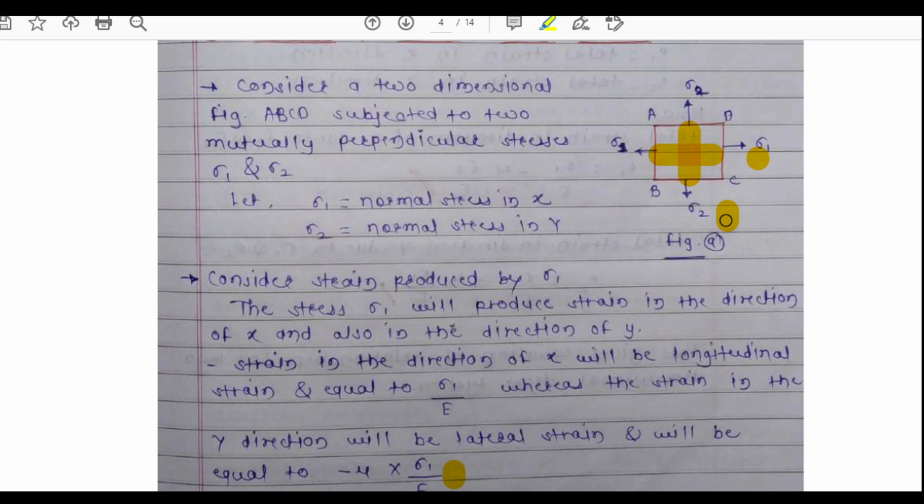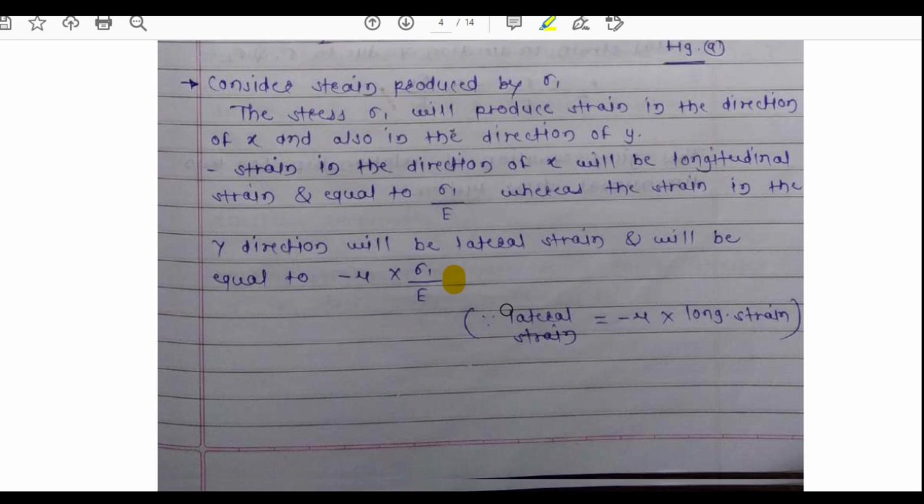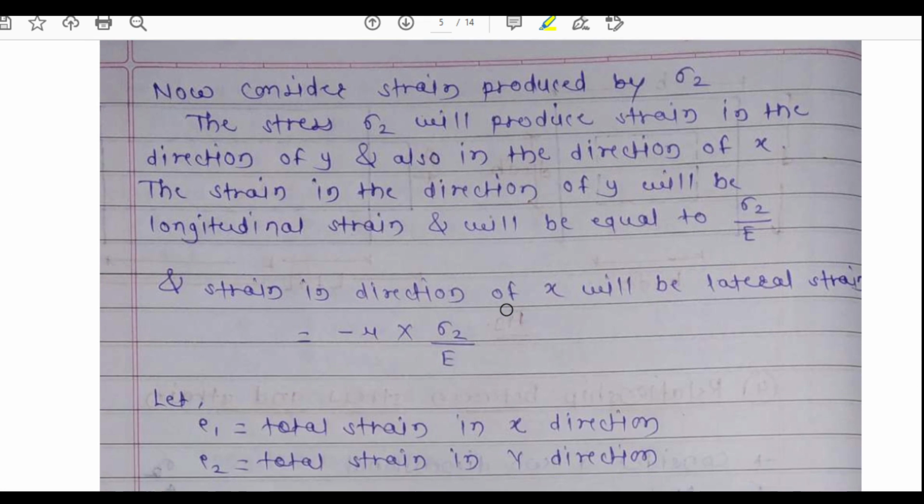For sigma 2, the y direction longitudinal strain will be sigma 2 upon E, and the x direction lateral strain will be minus mu into sigma 2 upon E. Exactly the same as these both strains, but simply we have to write sigma 2 instead of sigma 1, and we have to remember the direction.